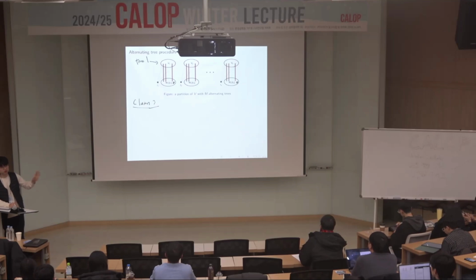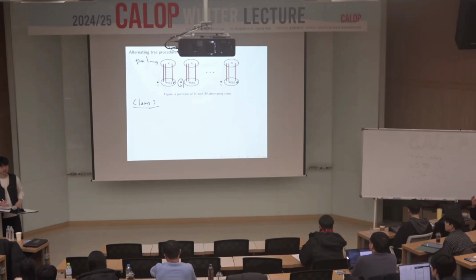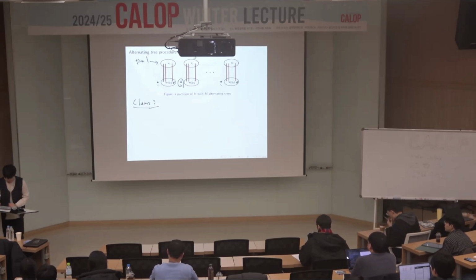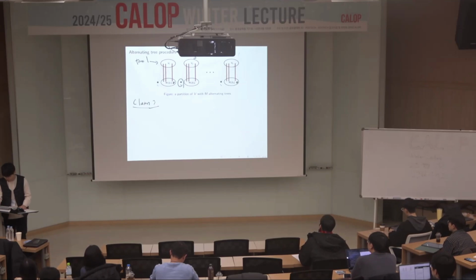What you do is take out all vertices from this tree, and start your search with another exposed vertex, and you grow your tree. If you find an augmenting path, then you're okay. If not, you're left with this second tree, and you keep doing this process. Let's say there's no augmenting path, and you are left with K trees like this.